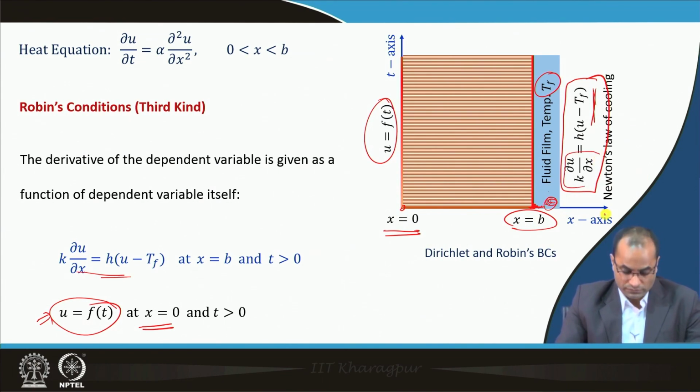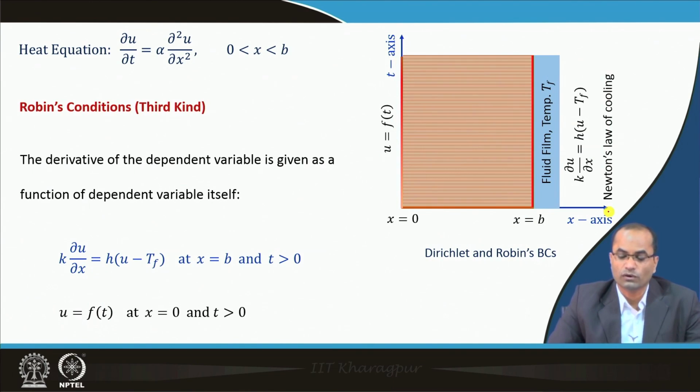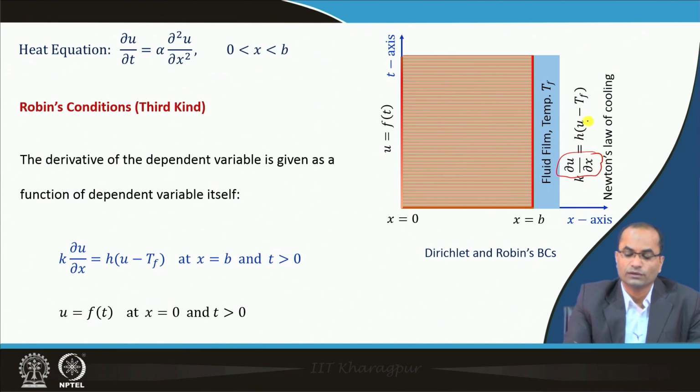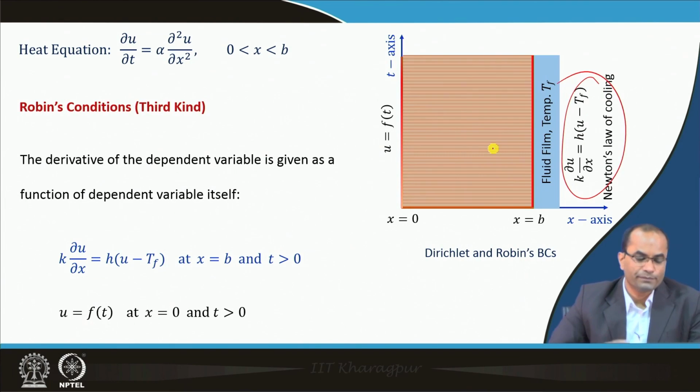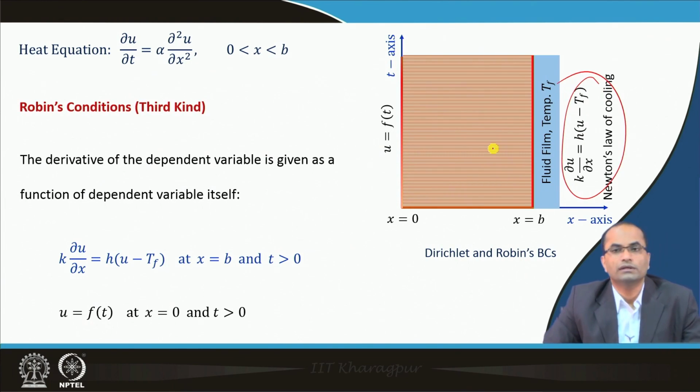This is the very popular Newton's law of cooling: del u over del x, this rate of change, will vary depending on the difference of the temperature between u and T f. Such boundary conditions often appear in applications, and these are called Robin's boundary conditions.